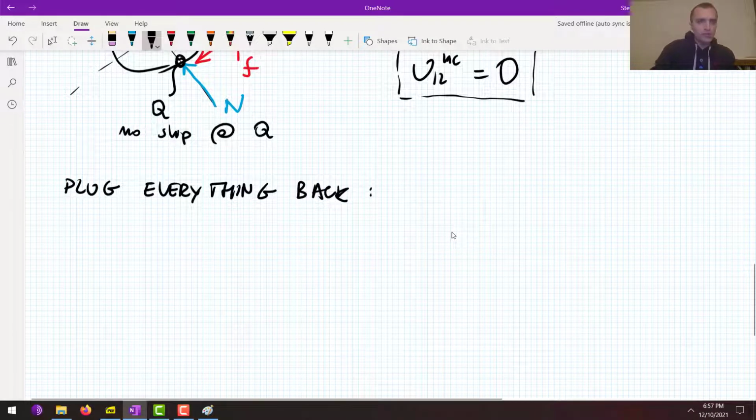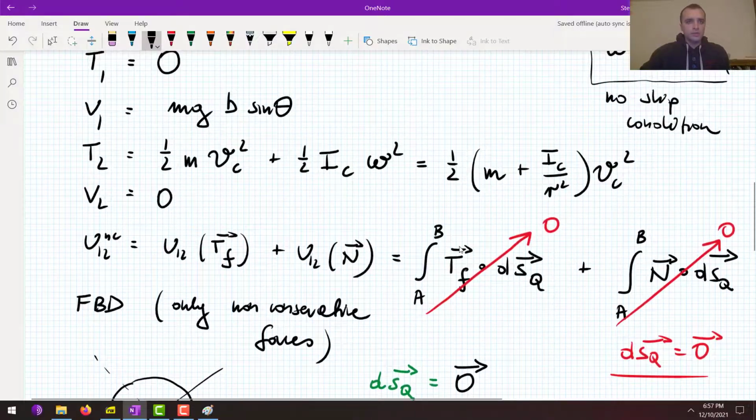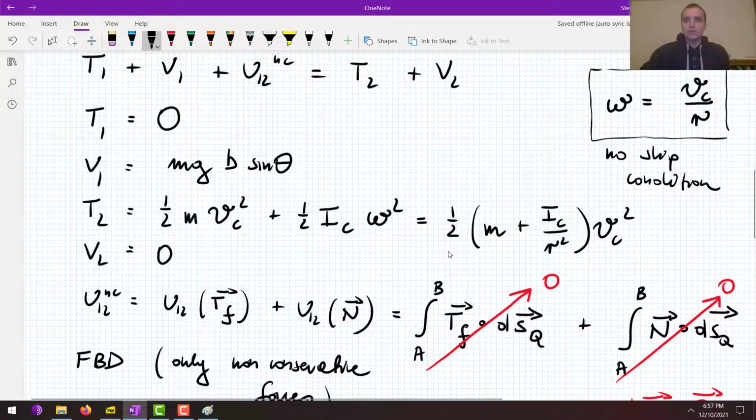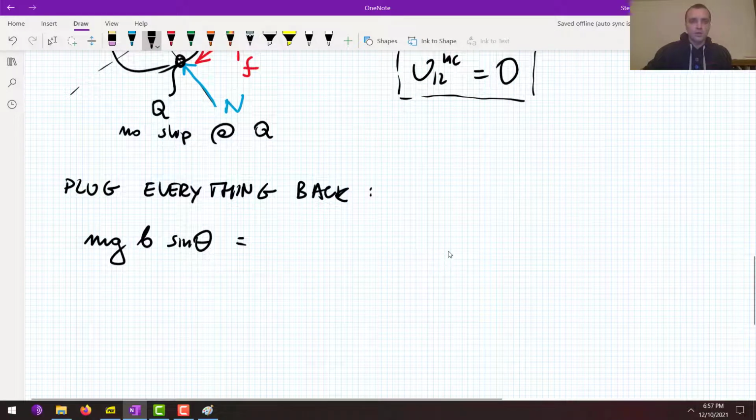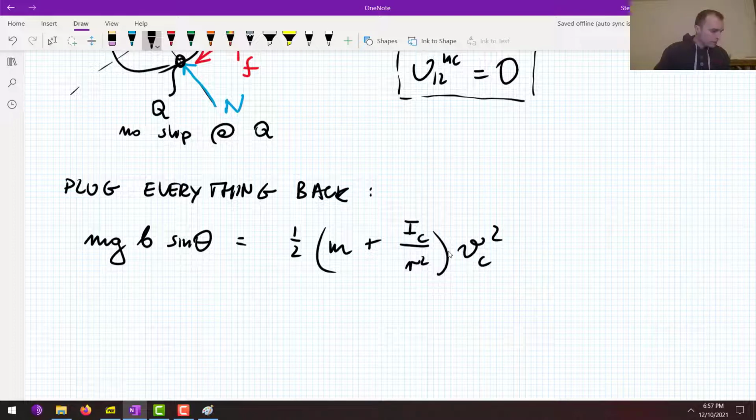I believe that we had mg b sine theta, right? And that was equal to this expression. This is equal to 1/2 (m plus Ic over r squared) vc squared.